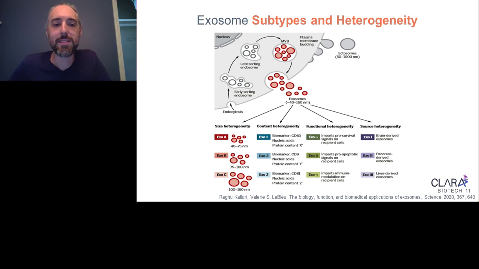We need to go beyond size to truly understand what we're dealing with. As you can see, we have variance in size distribution. The individual content of exosomes, the functionality of exosomes, and variance between the sources of cells generating exosomes. Size misses out on the range of variance within these populations and doesn't even begin to address the other noise in the system.